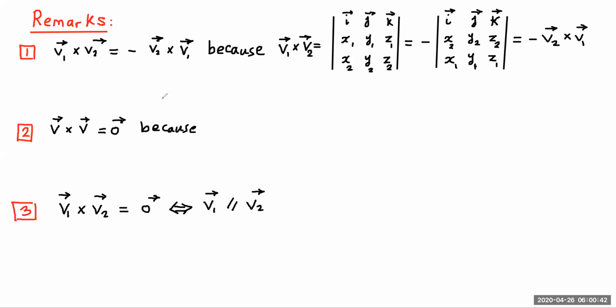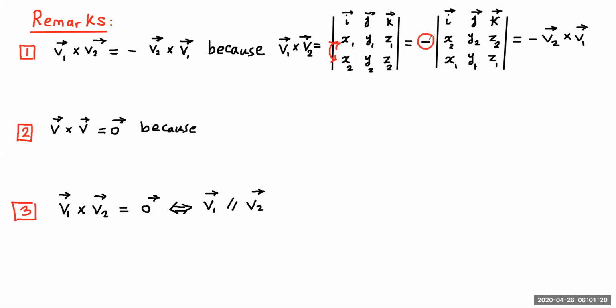Let's take these remarks. Remark number 1: V1 cross V2 equals minus V2 cross V1. Why? Because if I calculate V1 cross V2, if I suppose V1 is X1, Y1, Z1 and V2 is X2, Y2, Z2, so here the first row is X1, Y1, Z1 for V1. Now using the properties of determinants, if I change these two rows, this determinant will be multiplied by minus.